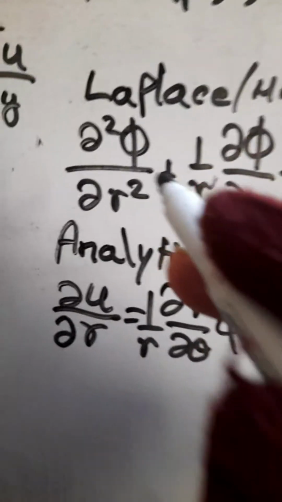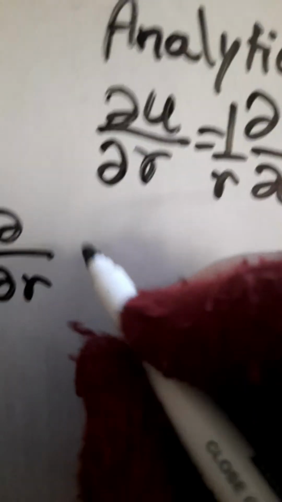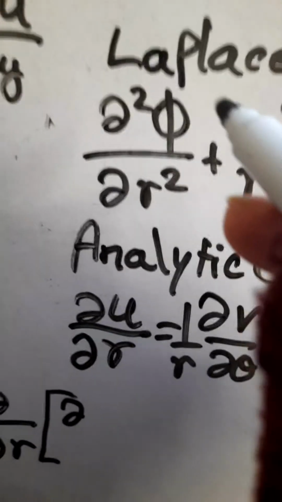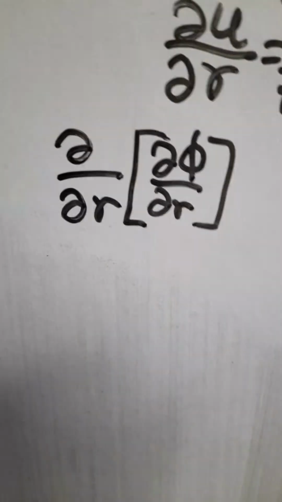So del square phi by del r square. What does del square phi by del r square mean? It means del by del r. What double derivative means, I would show you, okay? First, you have to write del by del r, put a bracket, then your derivative del phi by del r. Now you have to take derivative with respect to r of del phi by del r.